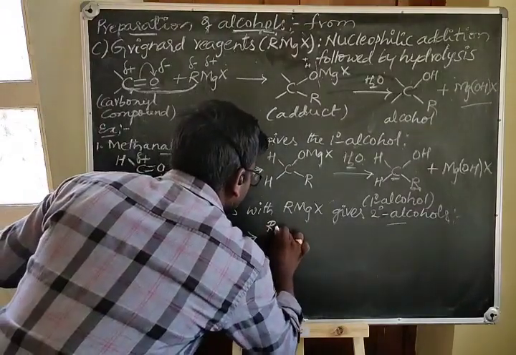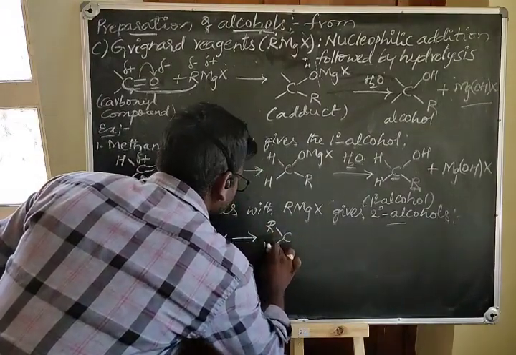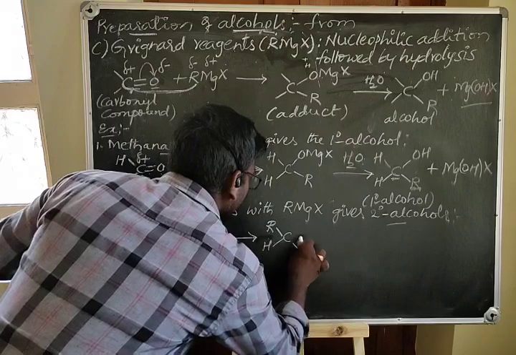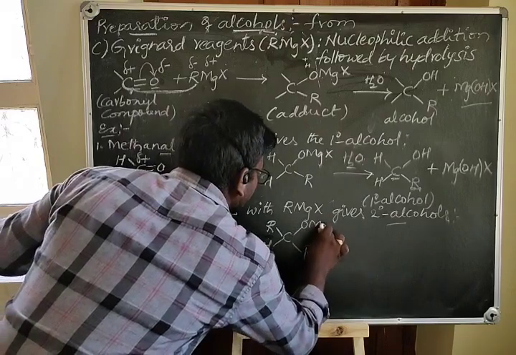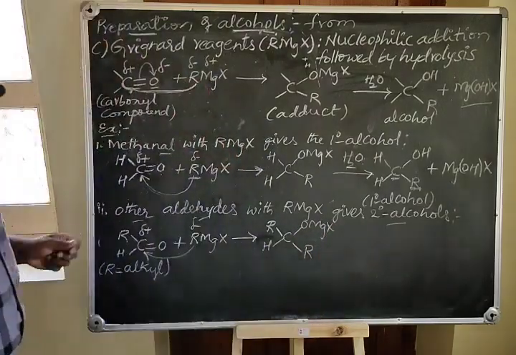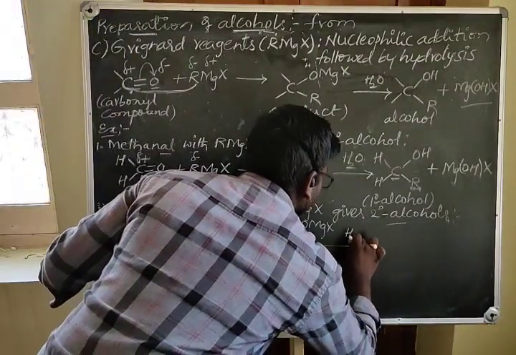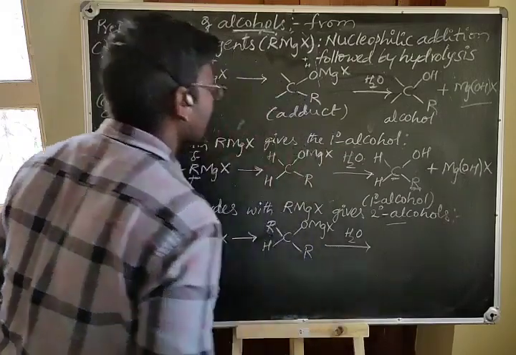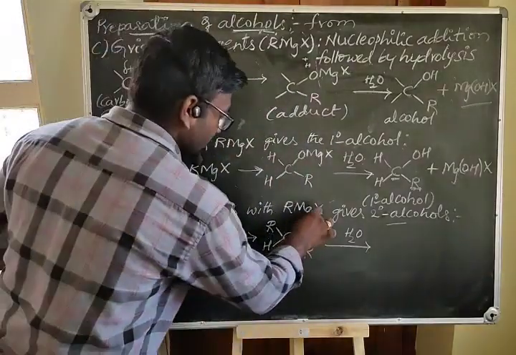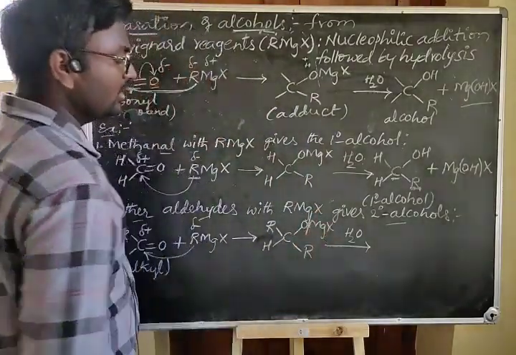So you will get R–CH(R)–OMgX like this. This is an adduct. When it is hydrolyzed, that is when H2O is added, you can see the breakage of the bond here.